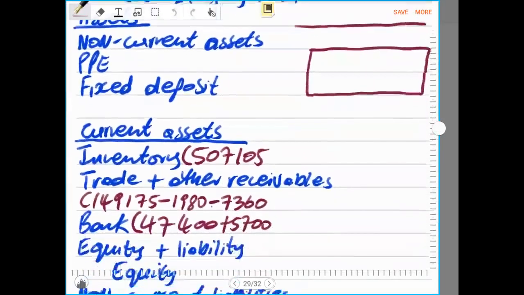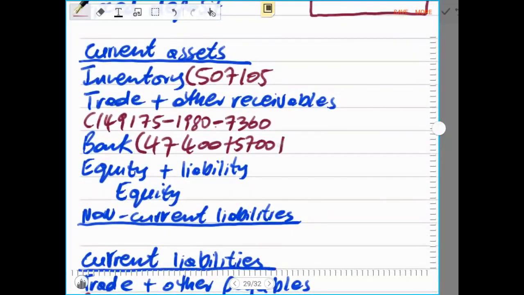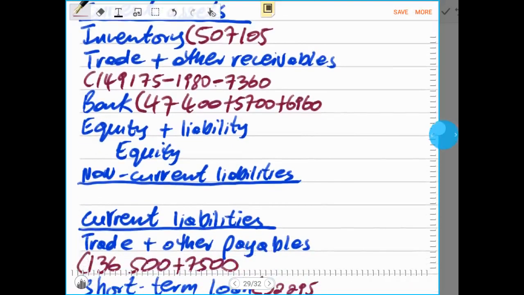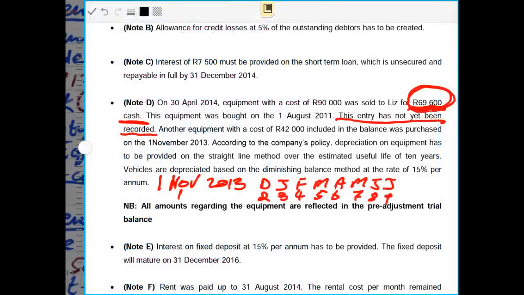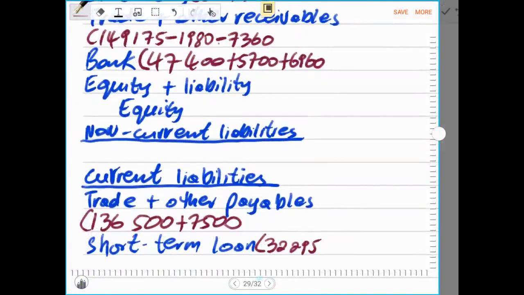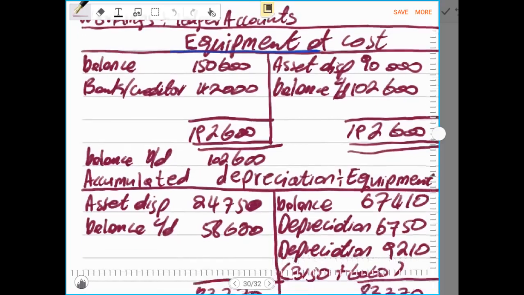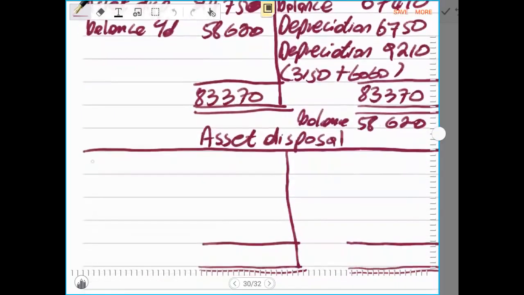Therefore our bank must be increasing as an asset on the balance sheet. So now we go to the balance sheet, we say under bank plus 69,600 rands. Then from there we have captured this in the balance sheet section, then we must capture that in the asset disposal again. So now let us go and do our asset disposal ledger account, and we know that on this side we record the cost of the asset that was disposed.